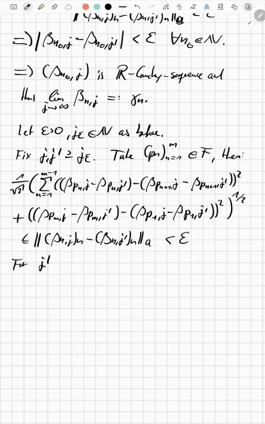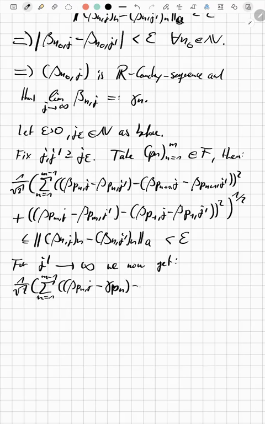For j dash tending to infinity, we now get that 1 over the square root of 2 times this sum right here, but now we have beta p n j minus gamma p n, because this is the sequence of limits, right?